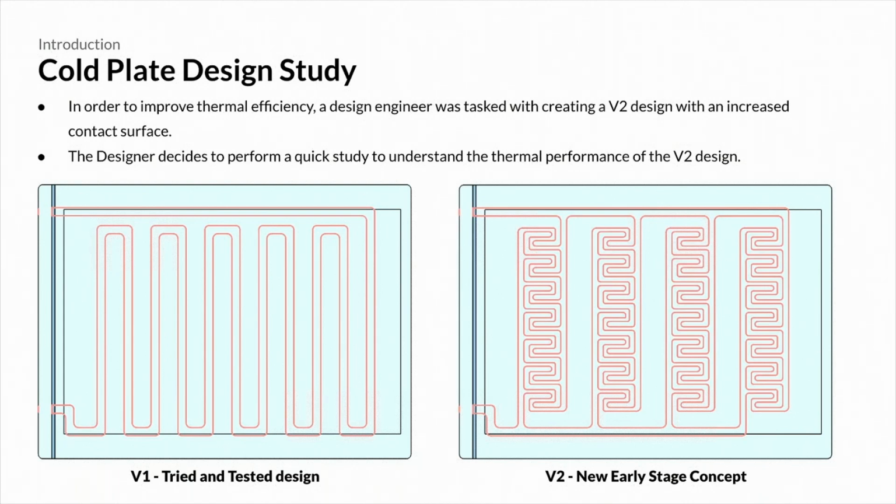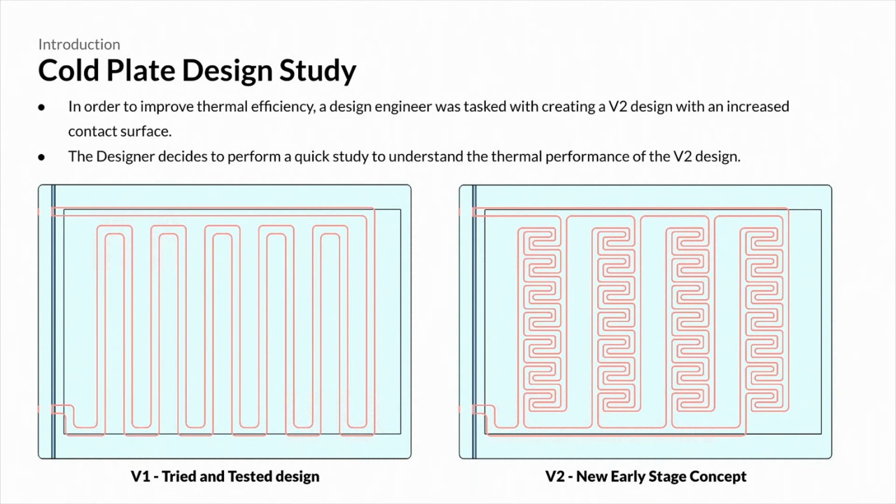On the left-hand side of the screen, you can see the original cold plate. This was designed using the traditional best practices from the previous experience in the organization, and they went for a single serpentine cooling channel. However, in the testing, it was found that there were some hotspots on the plate, and there have been some issues with battery longevity.